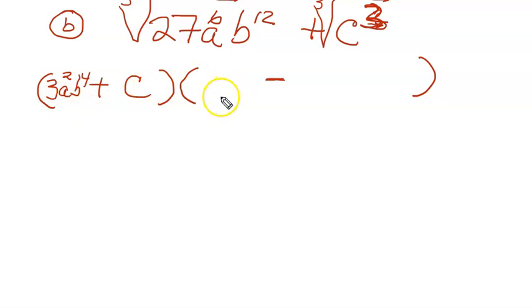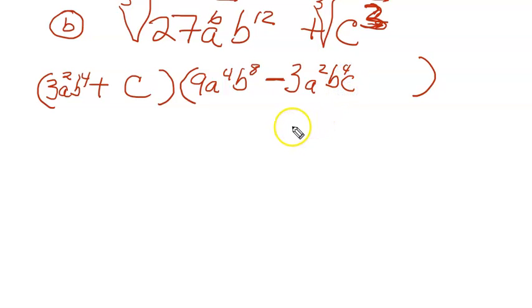Now, what do you do next? You then square this term, which is now going to be 9, a to the 4th, b to the 8th. Now you multiply these two terms together, and you get 3, a to the 2nd, b to the 4th, c.